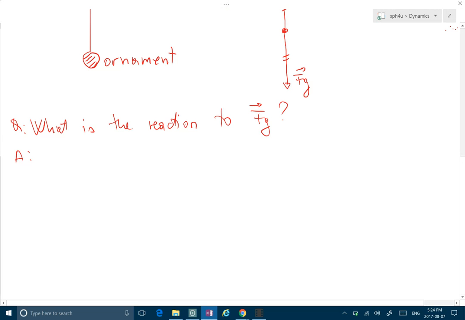So in order to answer, we have to answer a following question: what object causes Fg? What object is causing this force of gravity? And the answer for that is Earth. All right, the planet underneath. That's what is pulling. So Earth is causing this force.